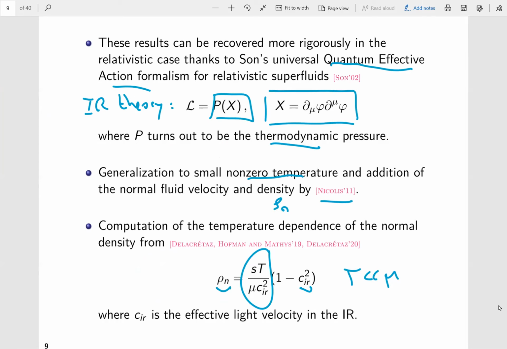But then you see, the fact that phi is massless, this is a consequence of symmetry. So if you want to make it massive, then you have to break the symmetry explicitly.